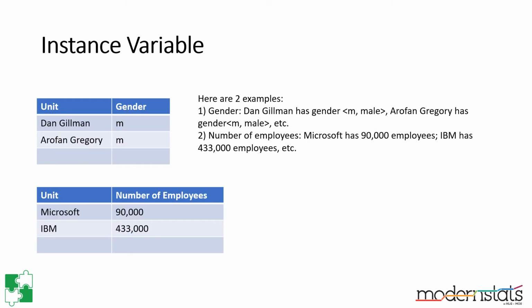And there are some examples in GSIM. 2 examples. Gender, Dan Gilman has gender male, Arfan Gregory has gender male, etc. And then you have a unit and you have the value for that person. Number of employees, Microsoft has 90,000 employees and IBM has 433.